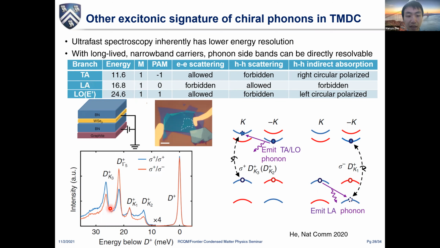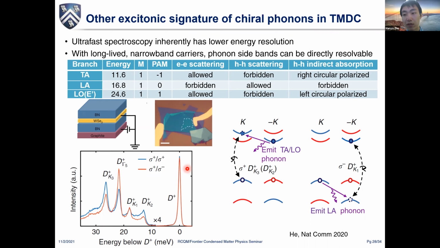So indeed, they have identified 3 peaks that are related with the K phonons. And by looking at the polarization dependence, they can identify where the recombination happened, in the K valley or minus K valley. And those selection rules and the energy correspond very well with first principle calculations.